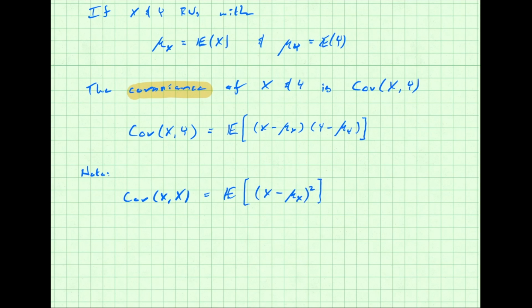We've seen that before. That's the variance. That's just the definition of the variance of x. We often think of variance as the expected value of x squared minus the square of its expected value. That's the same thing as this, and in fact, this was the one we started with.